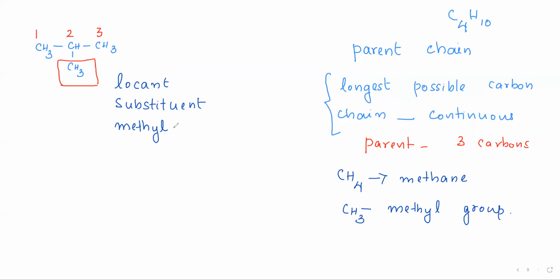Now, once you get the name, you need to identify the position of the methyl group. Where is the methyl group present? Methyl is present on the second carbon. Second carbon contains the methyl group.